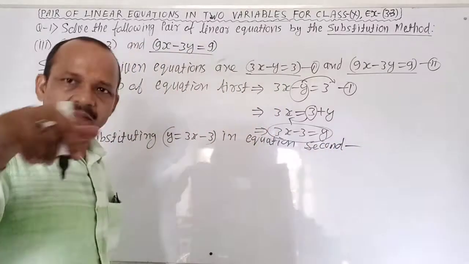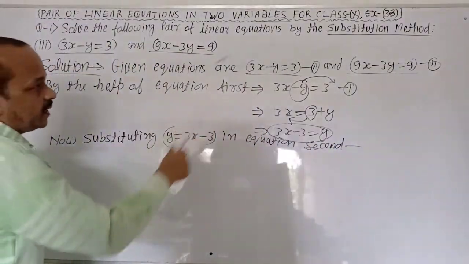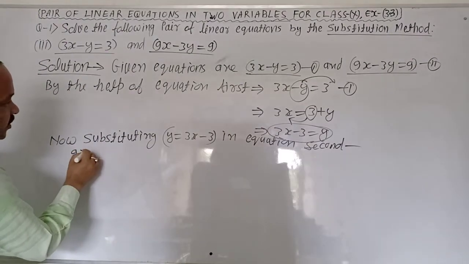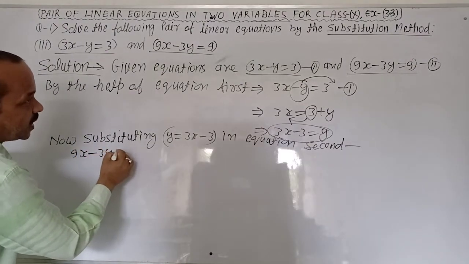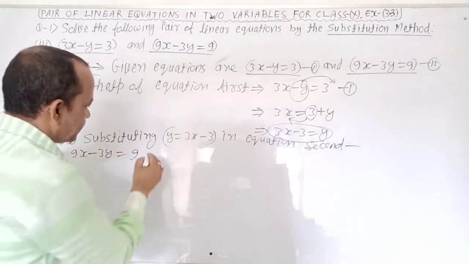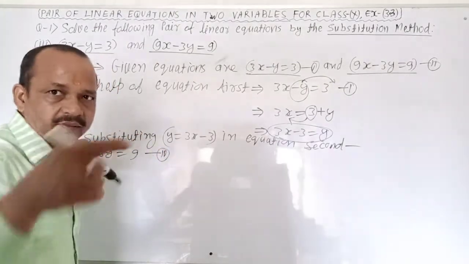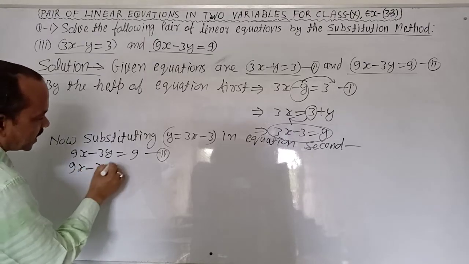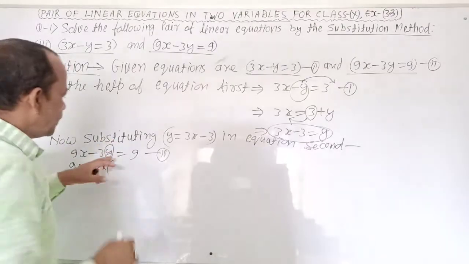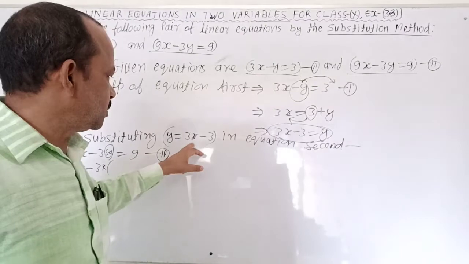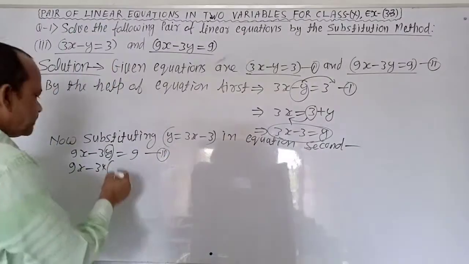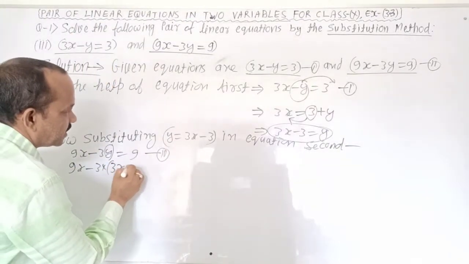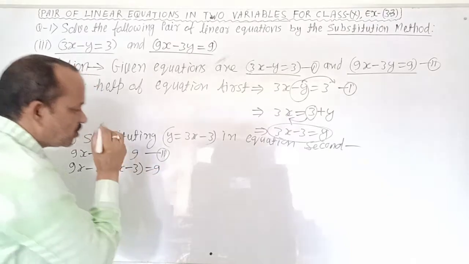Equation second is 9x minus 3y equal to 9. Here you put the value of y equal to 3x minus 3. Here you can write 9x minus 3 multiplied by (3x minus 3) equal to 9.